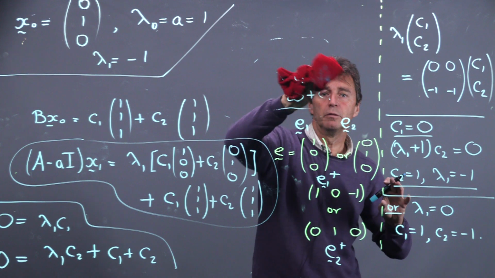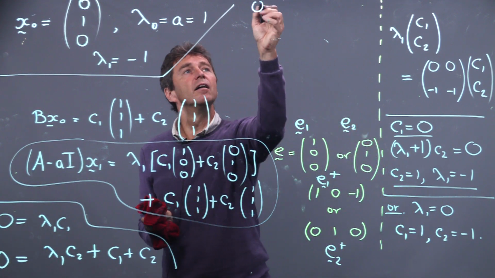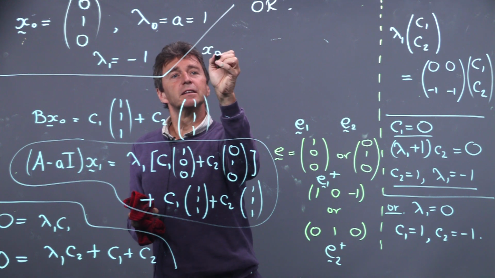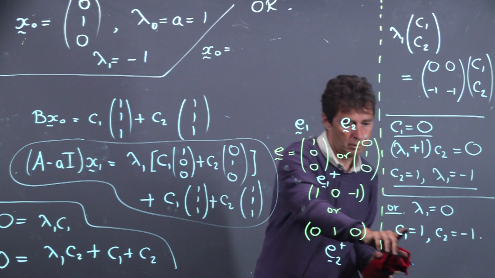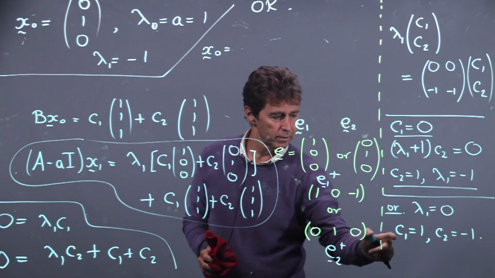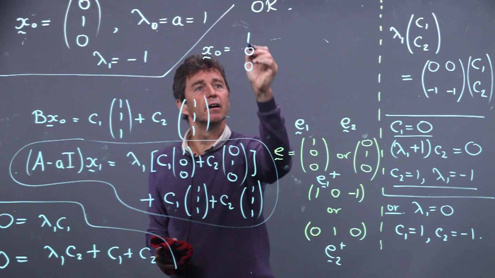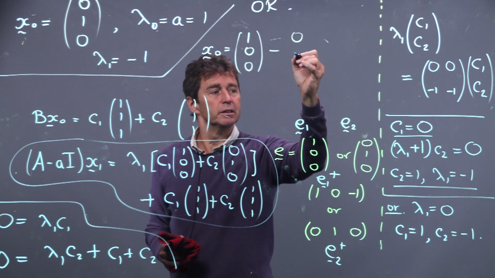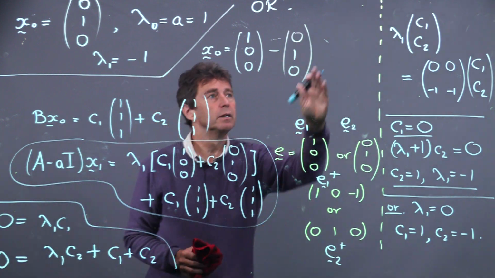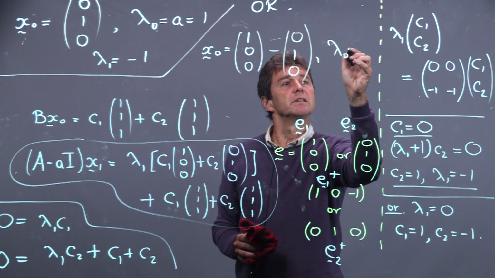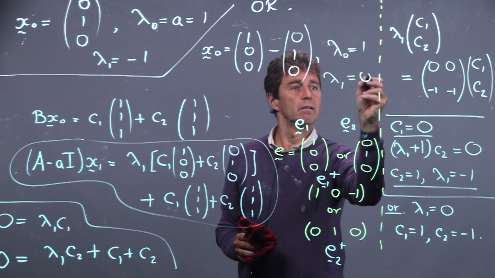The other case would have been to say, okay, well, my leading order eigenvector was x0 equals E2, so C1 and C2 are equal and opposite. C1 is 1 as a choice. So this is 1, 0, 0, minus 0, 1, 0. That's what x0 ought to have been. Lambda 0 is still 1. And the correction, in this case, is 0.